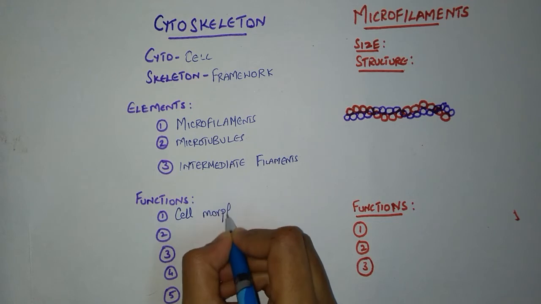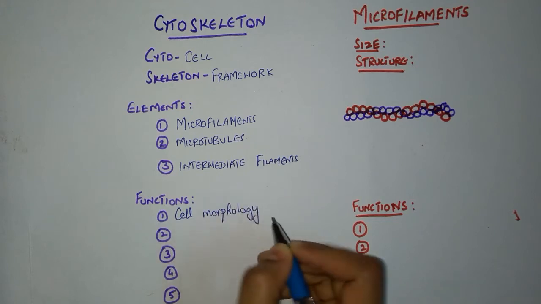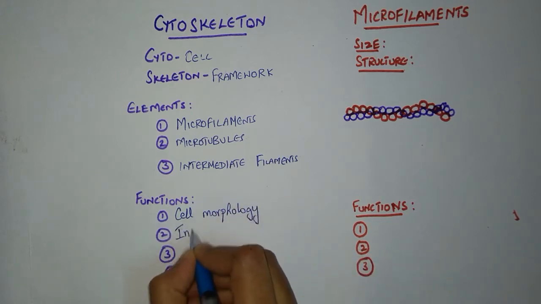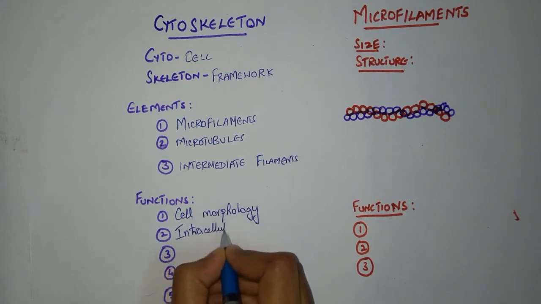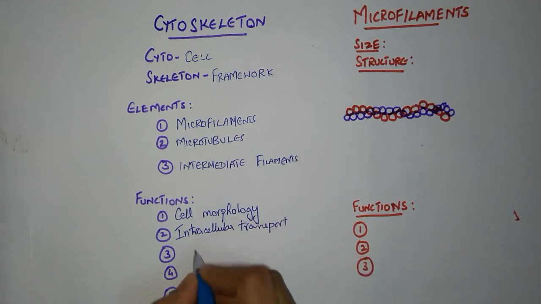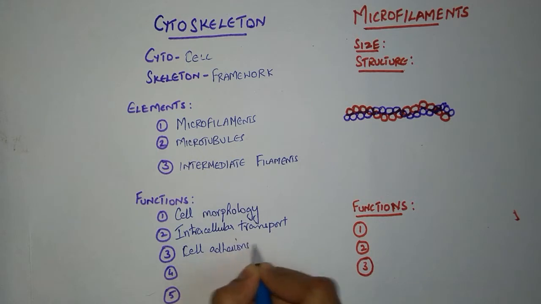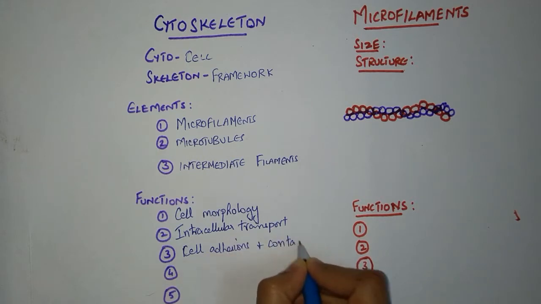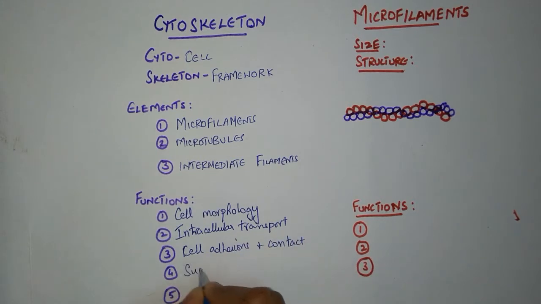It maintains the shape of the cell, and it is involved in intracellular transport. The cytoskeleton helps in transmitting signals in cell adhesions and contact, supports the cell junctions, and is involved with cell motility.